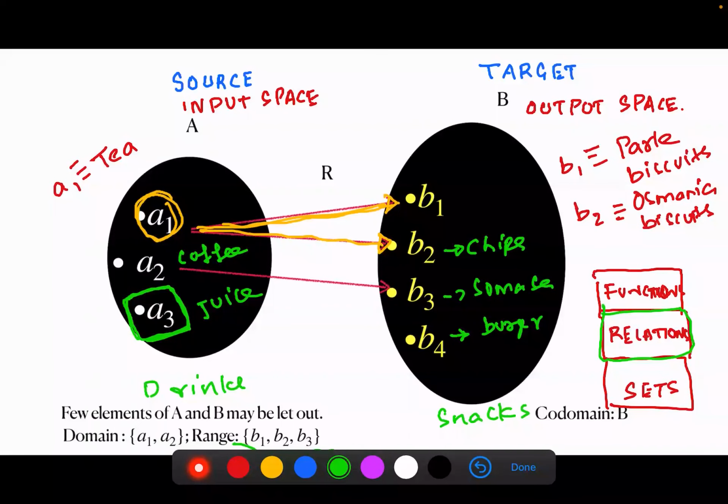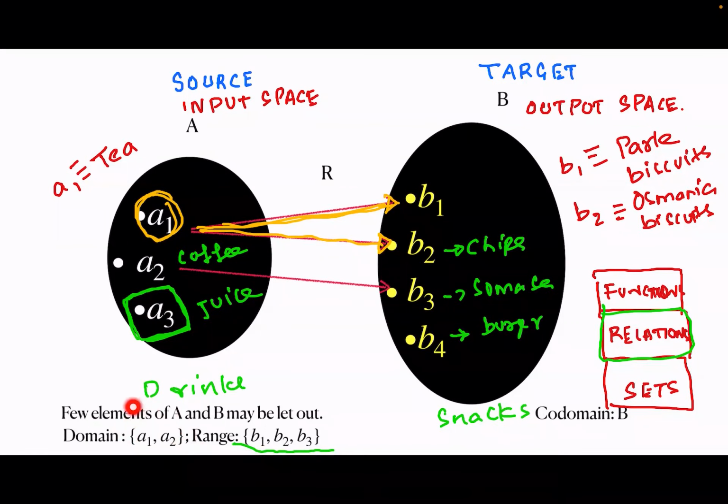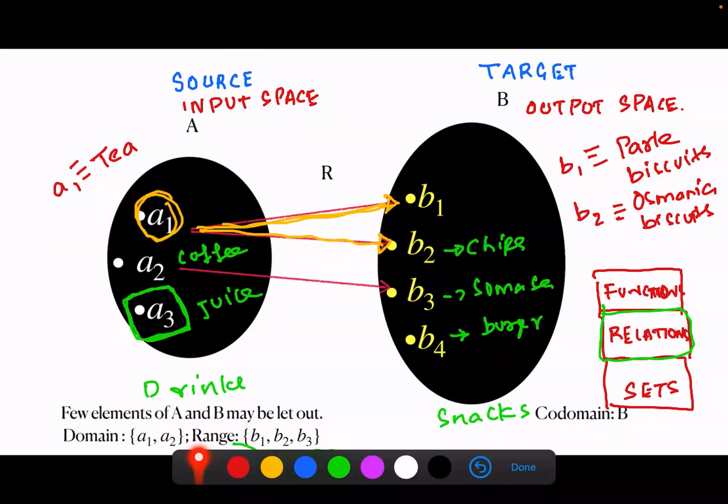These elements A1, A2 are not there in set B, right? Your set B is the codomain, so you're not taking the union of domain and range. Then what would be the codomain, sir? Codomain, Harsha, the set B itself is called the codomain.